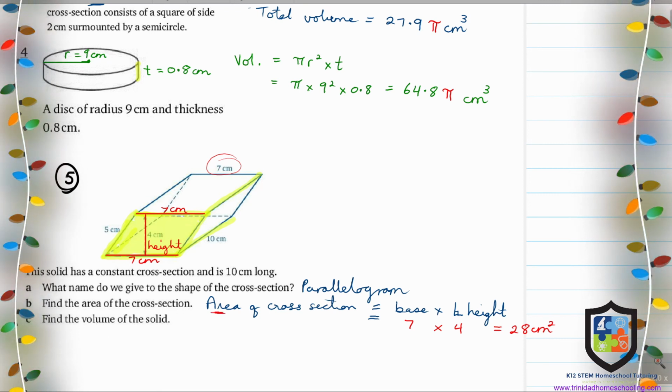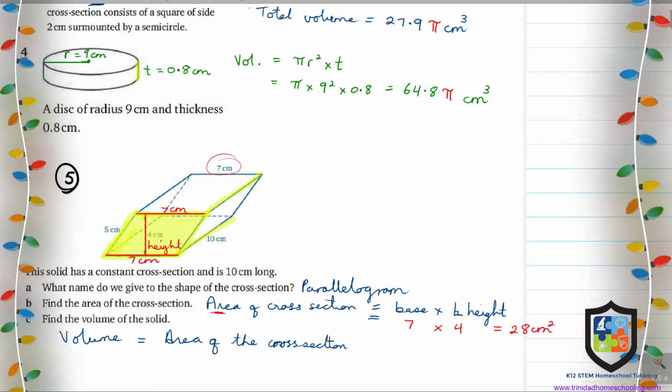So now we need to find the volume. The volume is going to be the area of the cross section, multiplied by the length they gave us.